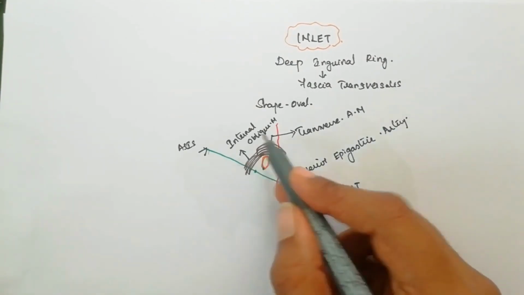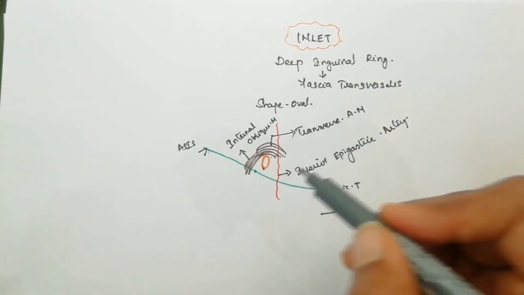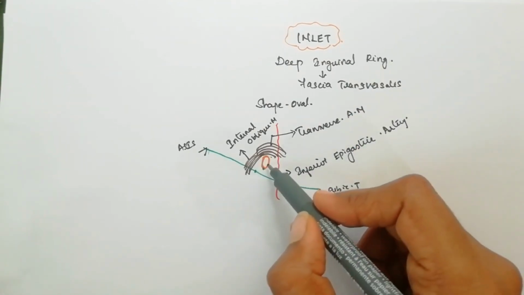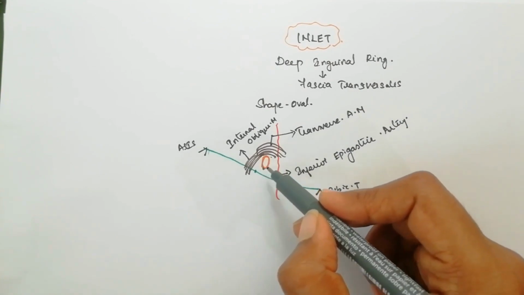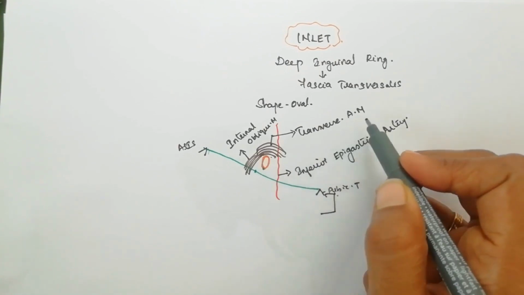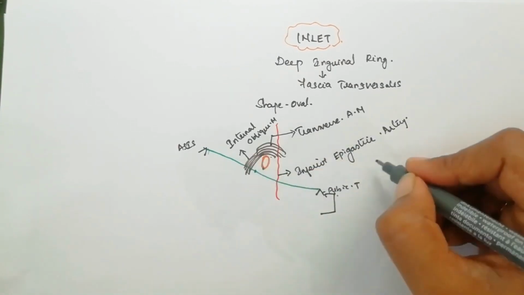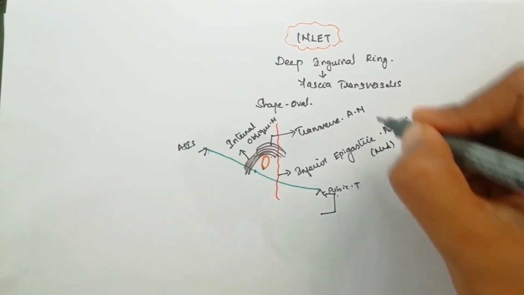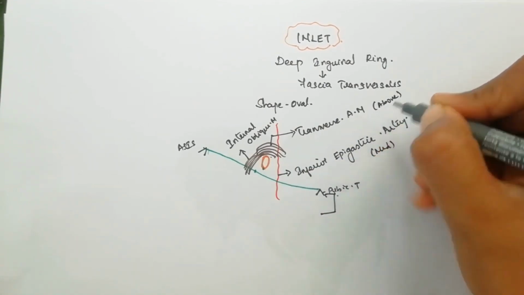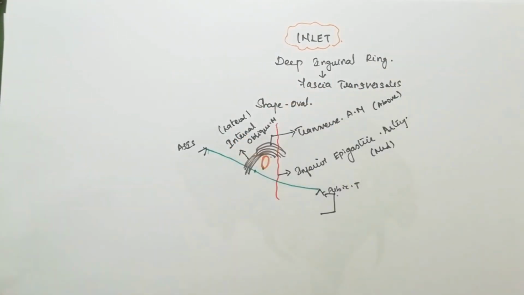So these are the structures bounding the deep inguinal ring. We are talking about the deep inguinal ring and its boundaries. It is oval in shape, present 1.25 cm above the mid-inguinal point, bounded above by transverse abdominis, laterally by internal oblique, medially by inferior epigastric. So this is medial, this is above, and this is lateral. So this is how it is bounded.